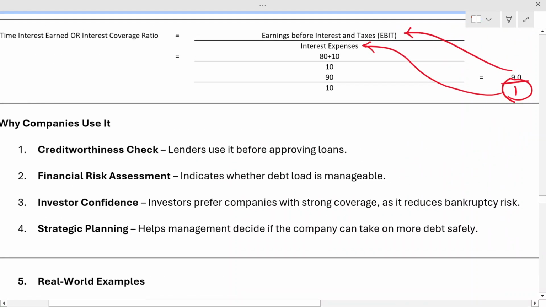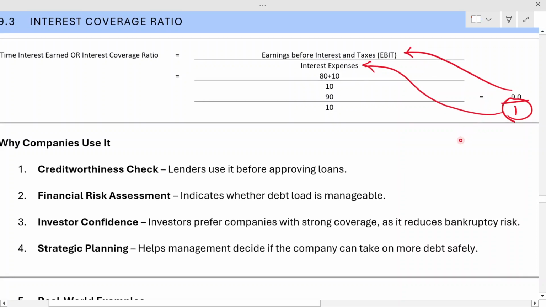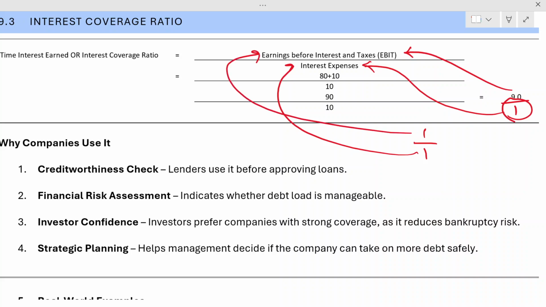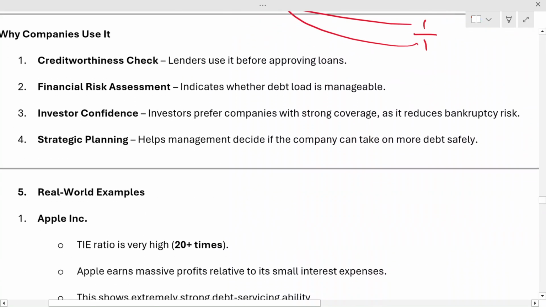Suppose the company has 1:1, which means interest is 1, and corresponding to that the company has earnings of only $1. In that case it would be very difficult for the company to pay the taxes and to give earnings to equity shareholders and other people.